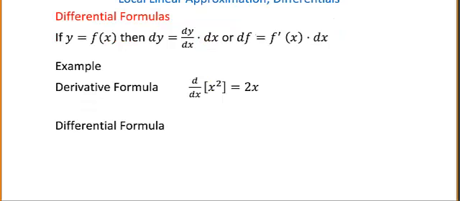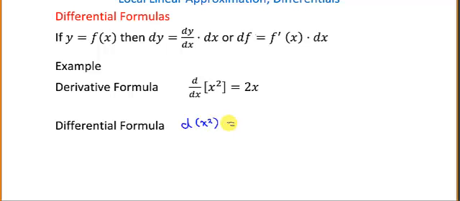So what we can do lots of times is use a derivative formula, and we'll start with this example. The derivative with respect to x of x squared is, of course, 2x using the power rule. And we can talk about a differential of x squared.